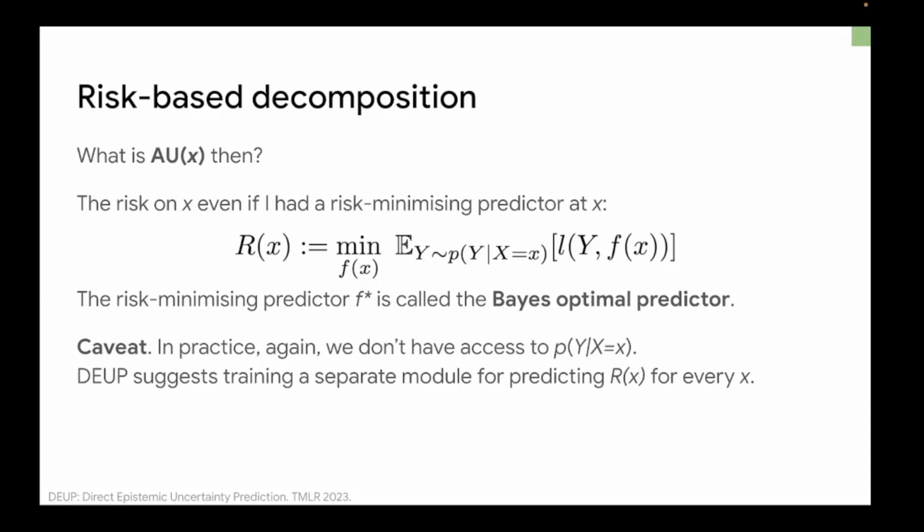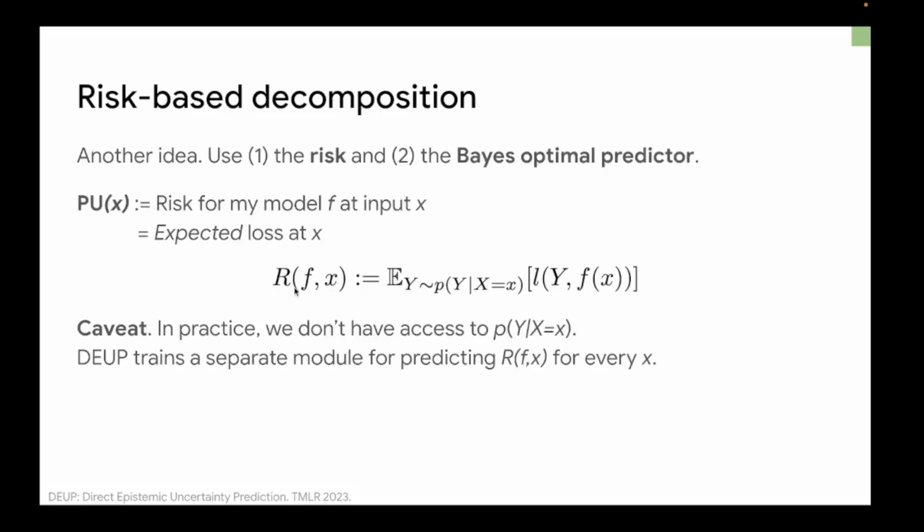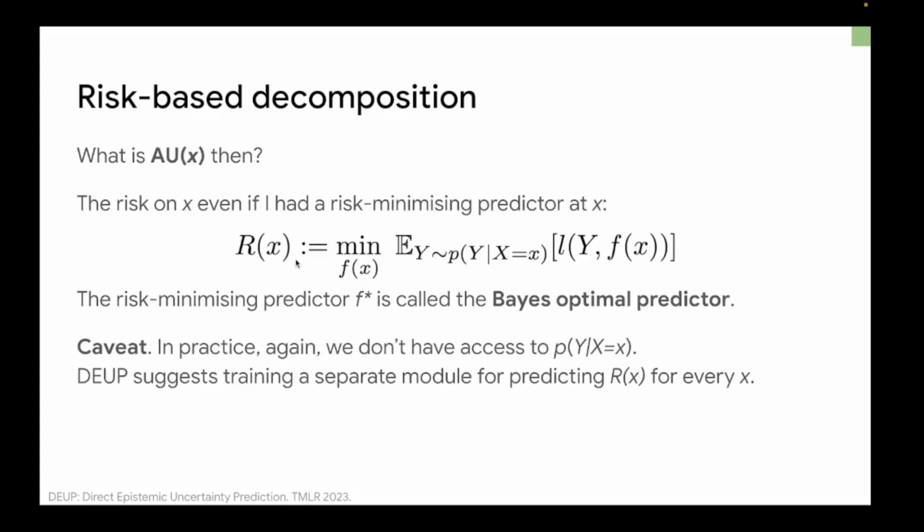What is the aleatoric uncertainty in this case then? They define it as the minimal risk over all possible predictions on every x. So the R of x, this is different from R of f and x, a slight abuse of notation. There's a bit of overriding here. So R of x is essentially when you take the minimum over different function outputs.